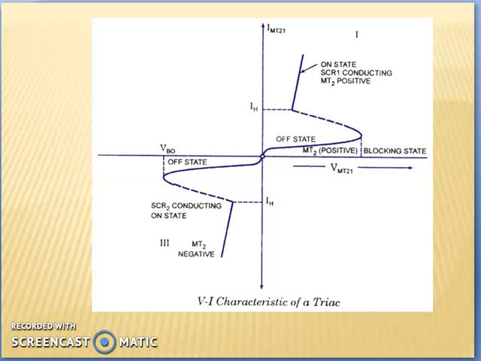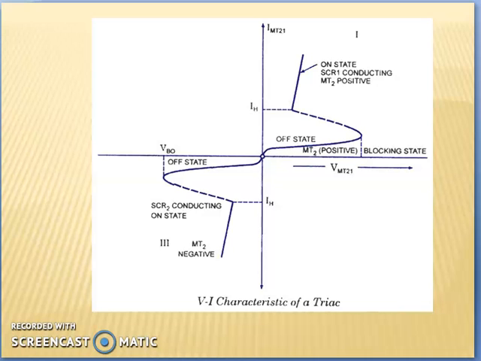A triac will start conducting when it reaches the breakover voltage, and before the breakover voltage a very small amount of leakage current flows through the device, which is not sufficient for the triac to conduct. So the triac will remain in the off state before the breakover voltage, that is up to this point.